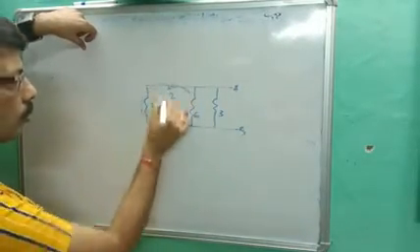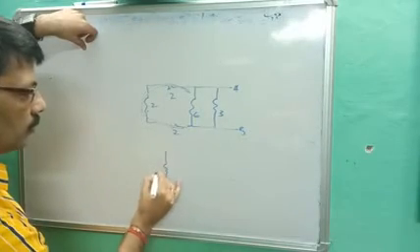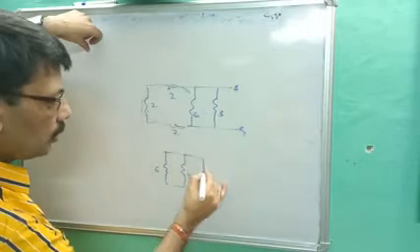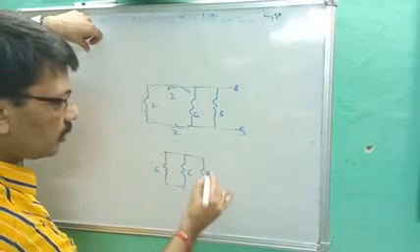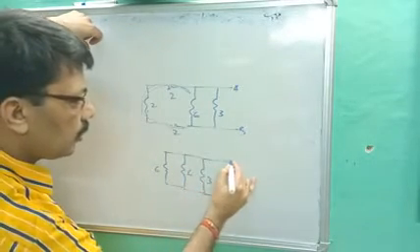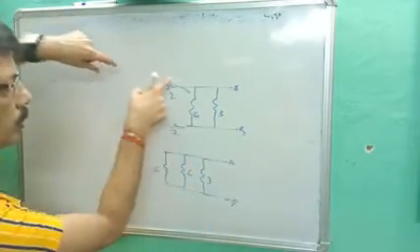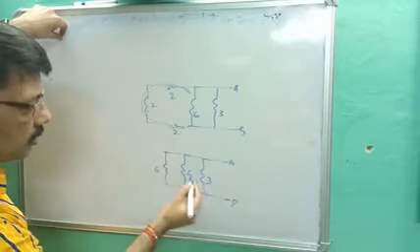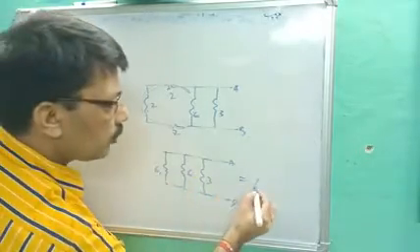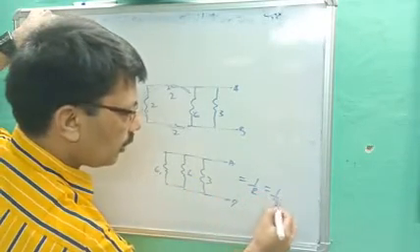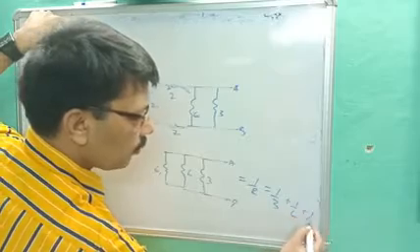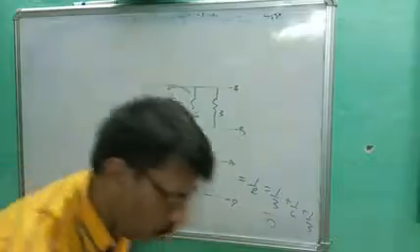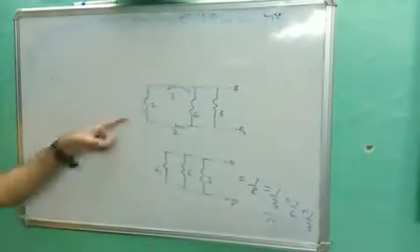So 2, 2, 2 becomes 6. That is already given 6, and this is given 3. Between A and B, 2, 2, 2 in series is 6, then 6, 6, 3, and now 3, 6, 6 are in parallel. So you will join 1 upon R is equal to 1 by 3 plus 1 by 6 plus 1 by 3. Now you can get the answer. This is another question for you.